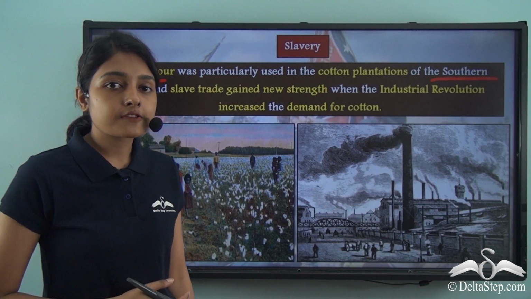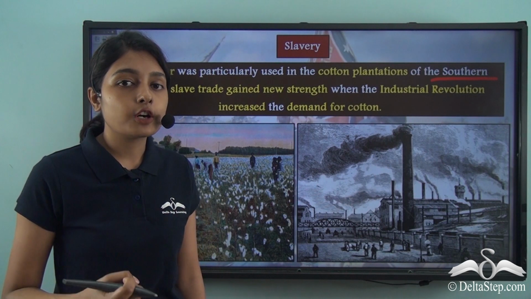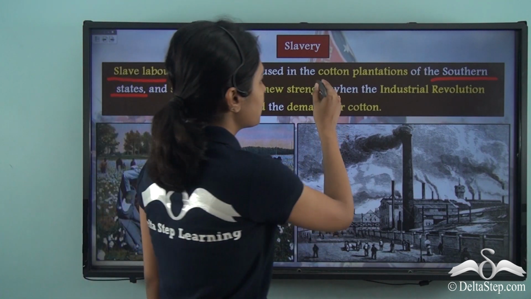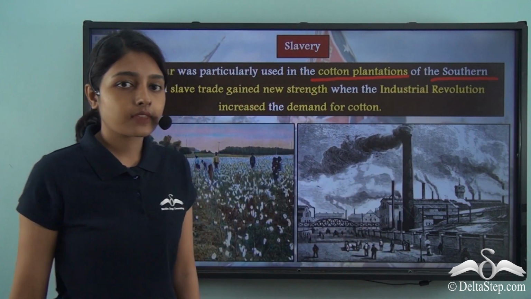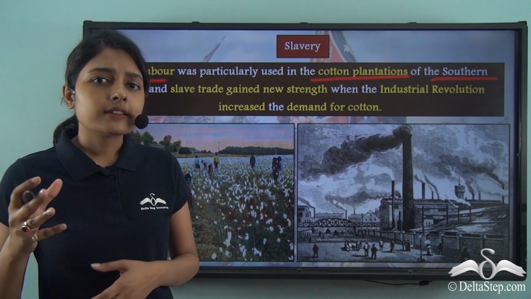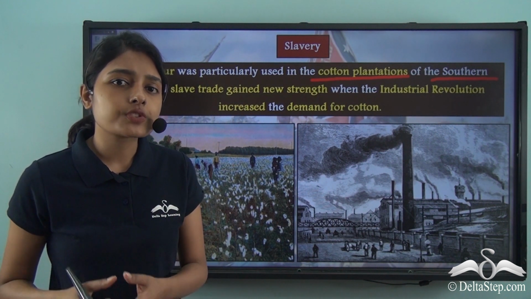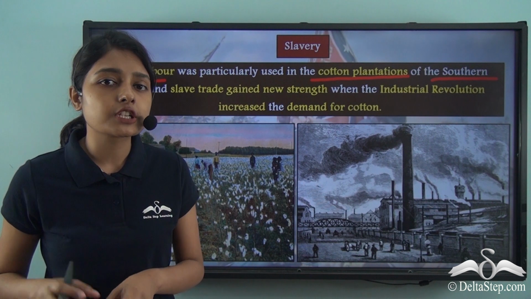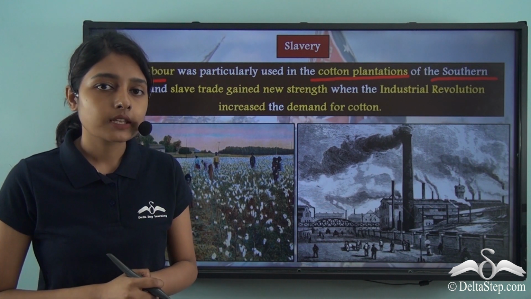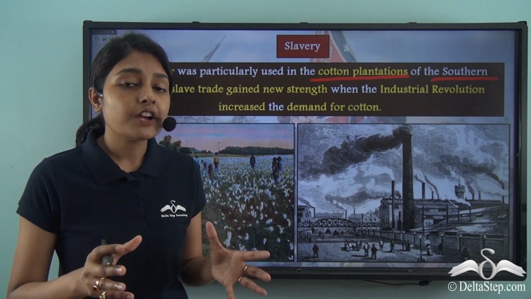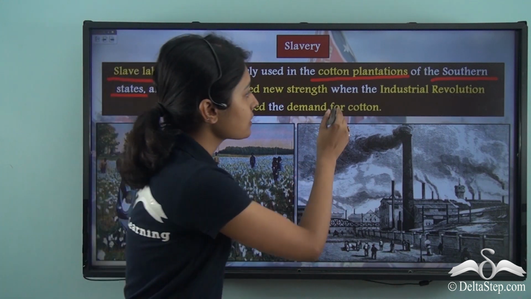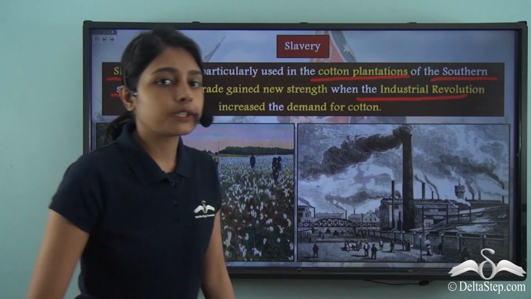Now, this practice of slave labor was being performed mostly in the cotton plantations. Why was slave labor still being used in the cotton plantations even after USA got its independence? For that, we have to remember the diverse impacts of the Industrial Revolution.